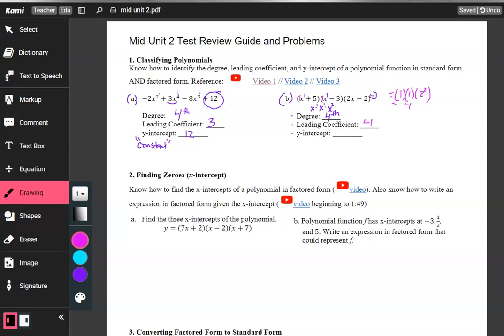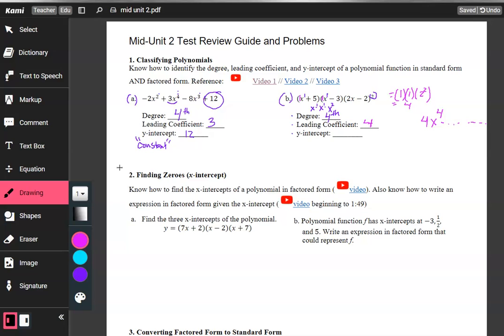So the leading coefficient would be 4. So when you multiply all this out, you should see that the leading coefficient is 4 and the degree is 4, and then the rest of the polynomial.